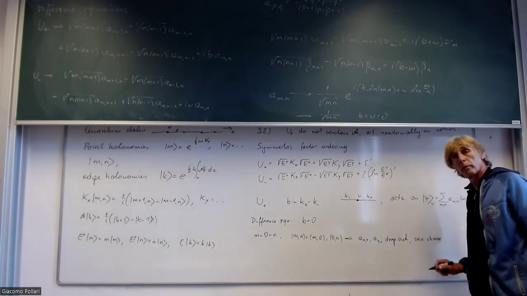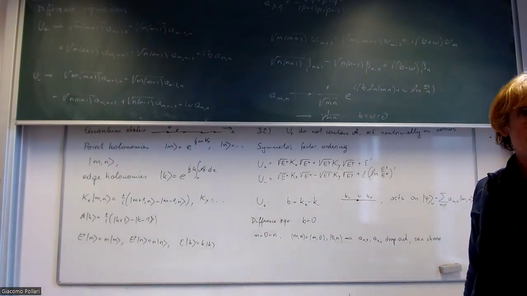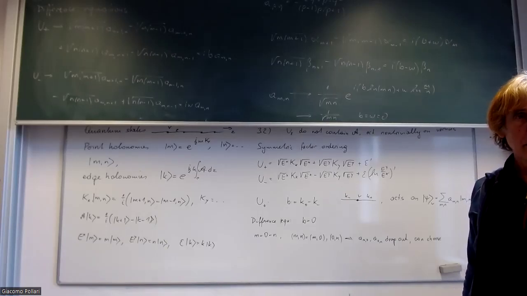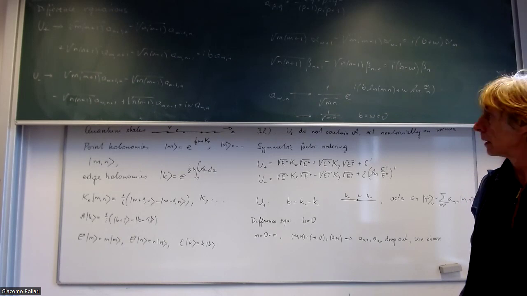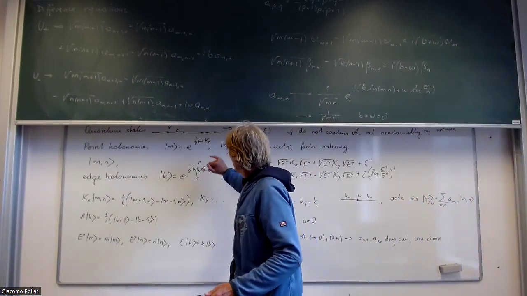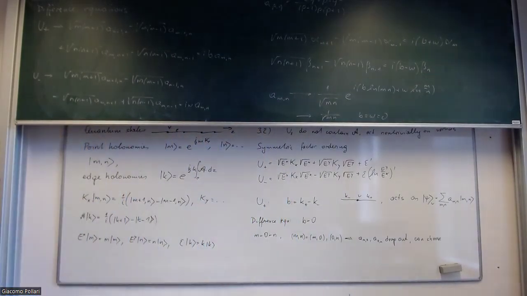Sorry, another question. Is that K the extrinsic curvature or the Ashtekar variable? It's the extrinsic curvature. So it means that the holonomy there, that A, would be the connection. The Poisson brackets and the commutator are the same.